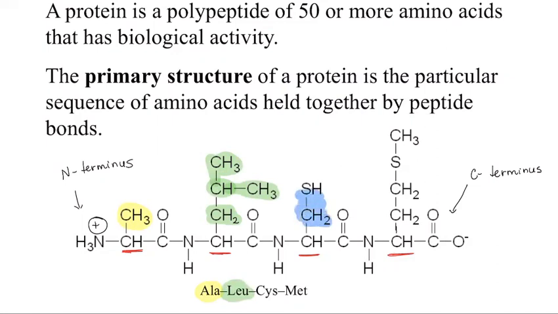A CH2SH, that is cysteine. A CH2CH2SCH3, that is methionine. It is important that you know how to find the different side chains, because this is going to tell you what are the amino acids in the given peptide, okay?